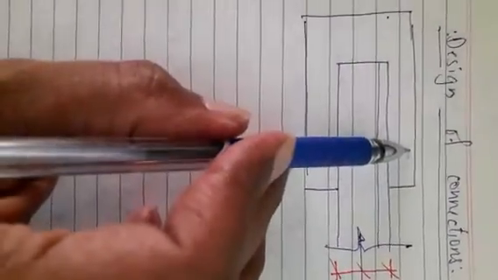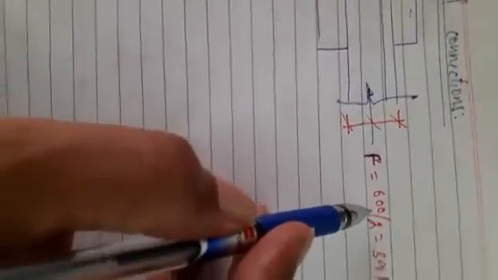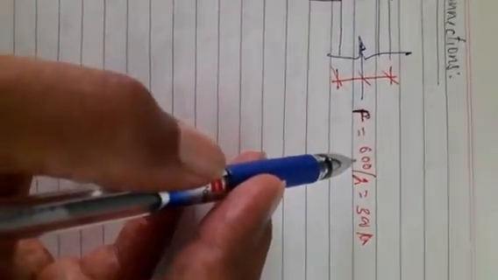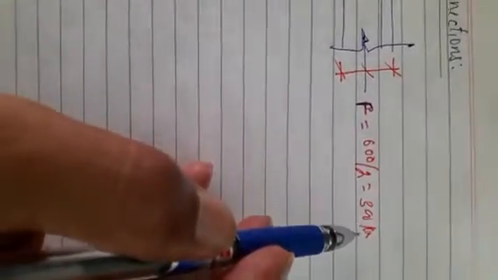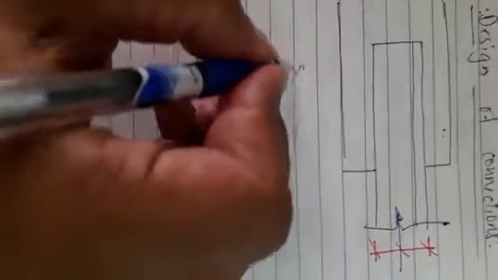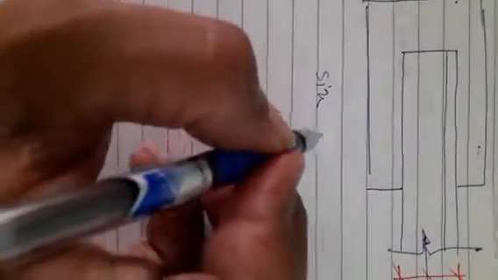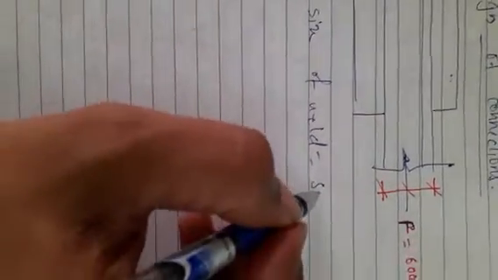Let this be the angle, one angle. This is the gusset plate, the 10 mm plate. The force of 600 kilonewtons is taken by two angles together. So load on each angle is 600 divided by 2, 300 kilonewtons. Now size of weld. Size of weld S is equal to 3 by 4 into plate thickness.